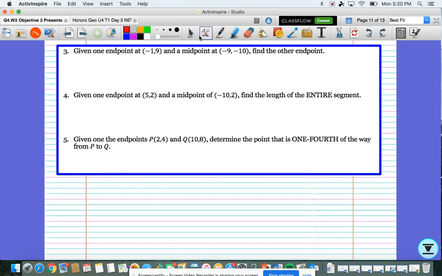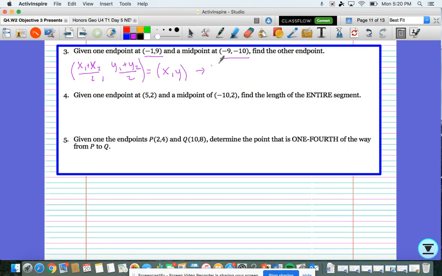Let's do a little bit more difficult practice, or some different variations of it. So given one endpoint at negative 1, 9, and there was one like this in the video, and a midpoint of negative 9, negative 10, find the other endpoint. So we have the midpoint is x1 plus x2 divided by 2, y1 plus y2 divided by 2 equals the midpoint xy.